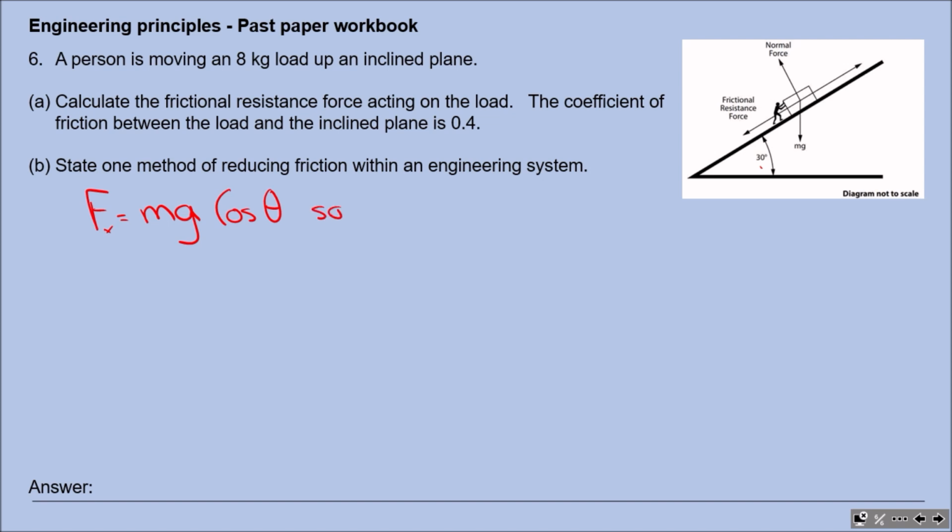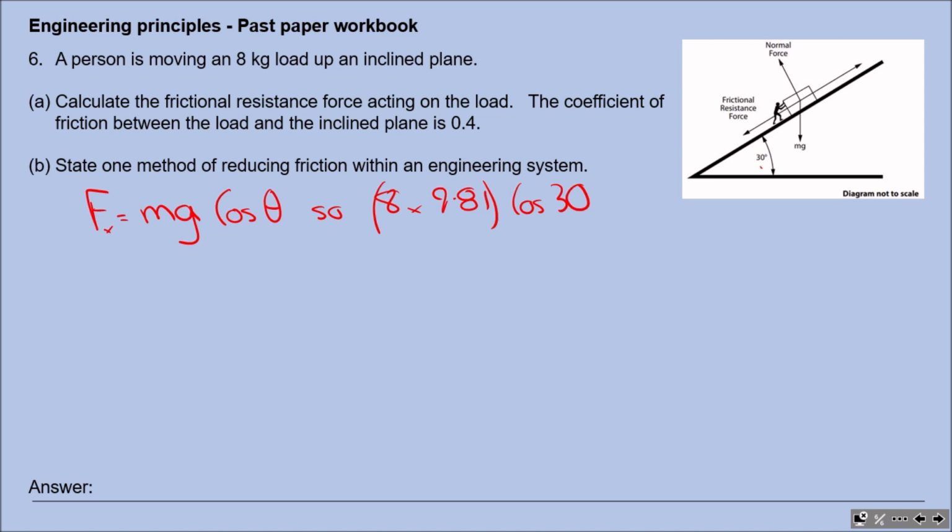So what we're going to do is pop some values in here. We've got the mass, which is 8, and we're going to multiply that by 9.81. Again, check your formula sheet if you can't remember where we got that g from. And we're going to do cos of the angle, which in this case is 30. You could change that to 25, 26, whatever the value is; it's the same technique.